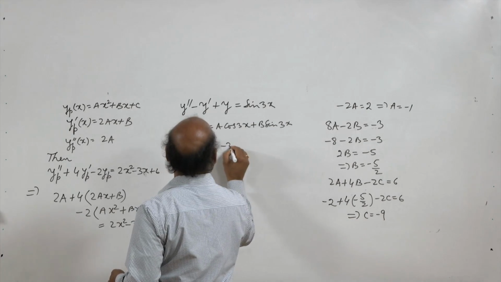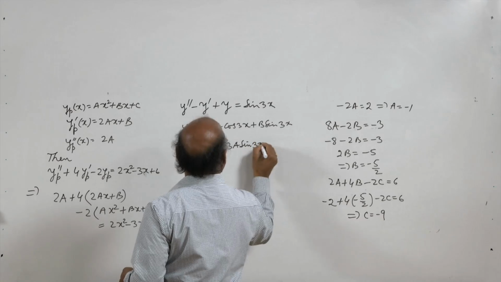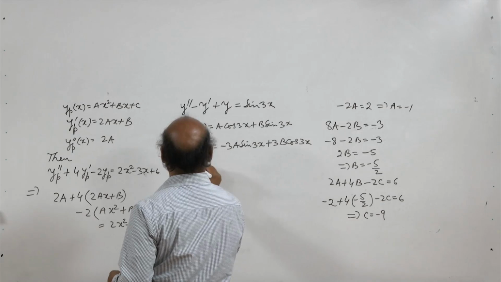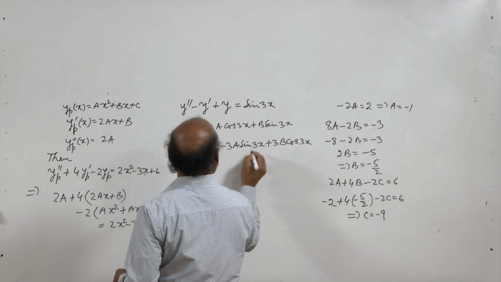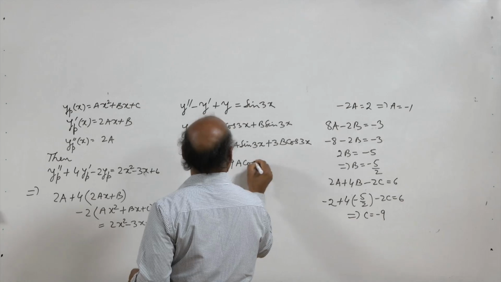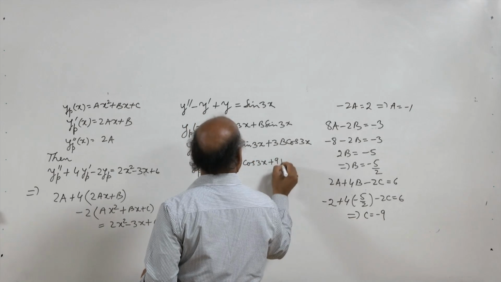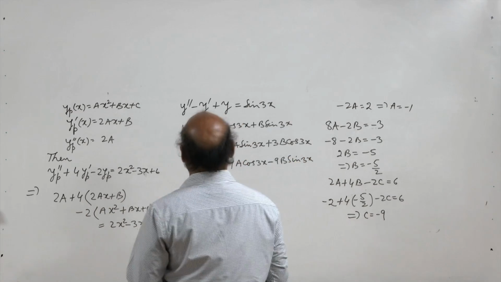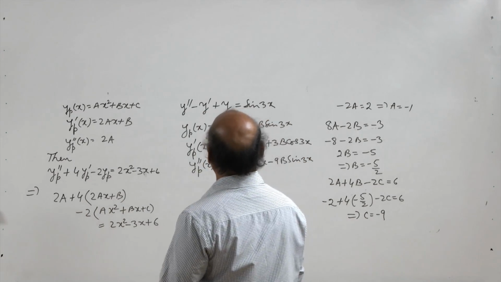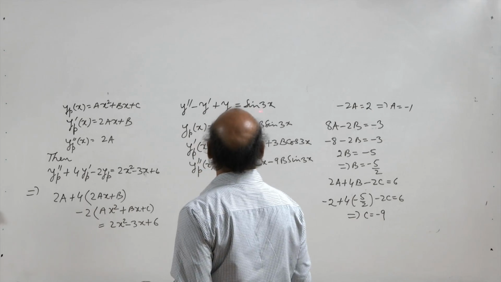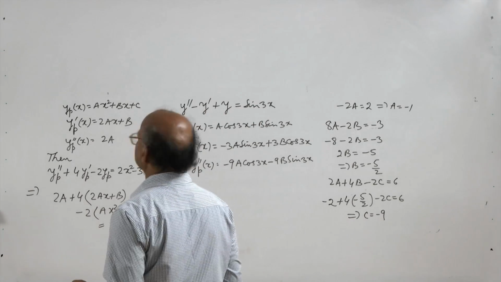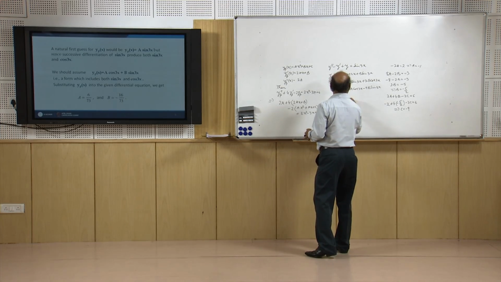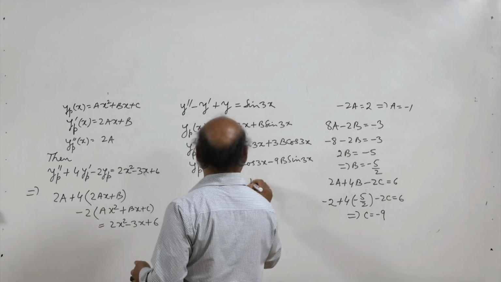This is −3a sin 3x + 3b cos 3x, differentiated again, it will give you −9a cos 3x − 9b sin 3x. Now, substitute the values of y_p' and y_p'' in this differential equation and equate the coefficients of sin 3x and cos 3x both sides. We shall get a equal to 6/73 and b equal to −16/73.